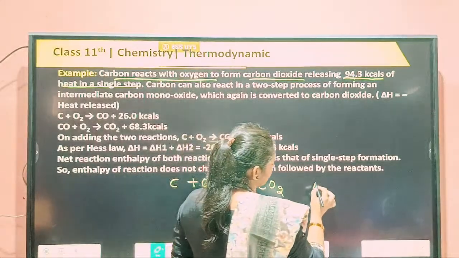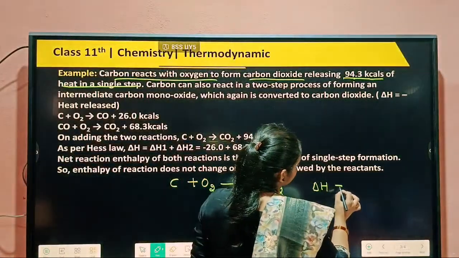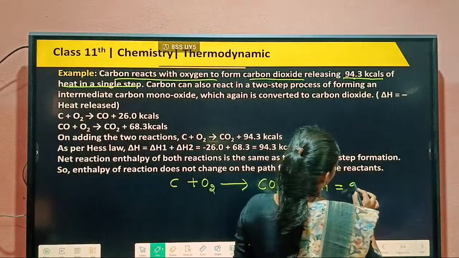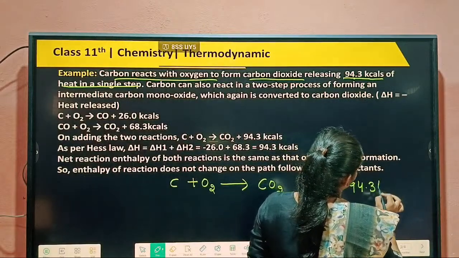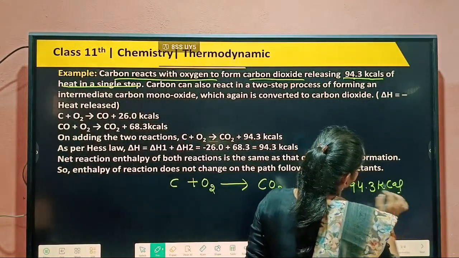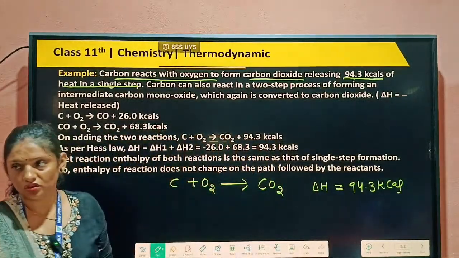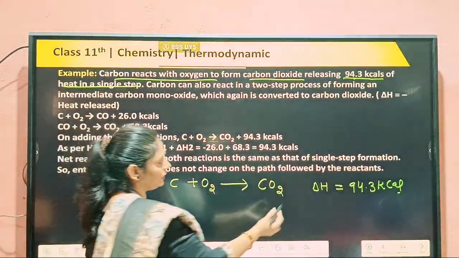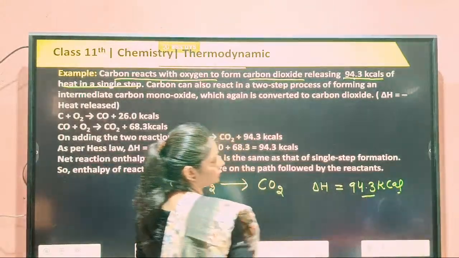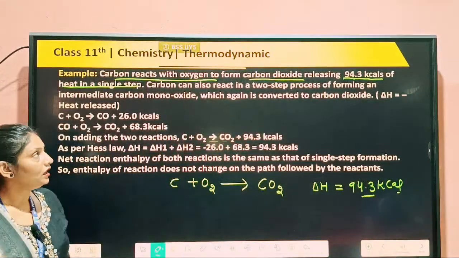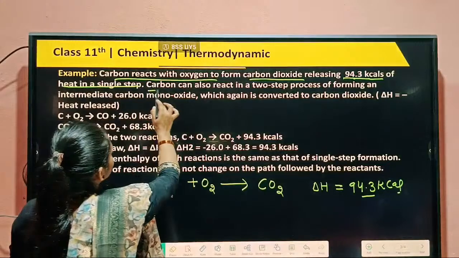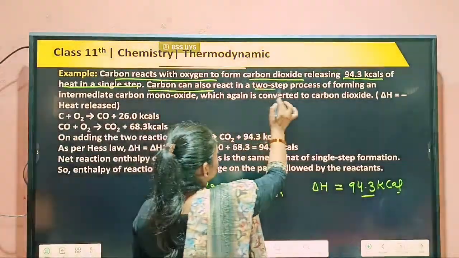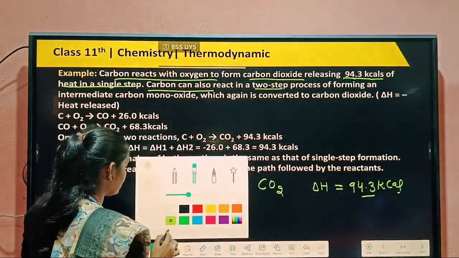So here it is releasing heat, 94.3 kilocalorie. Clear or not? It means plus heat. So what amount of heat? This one. Carbon can also react in two steps. This is for the single step only.